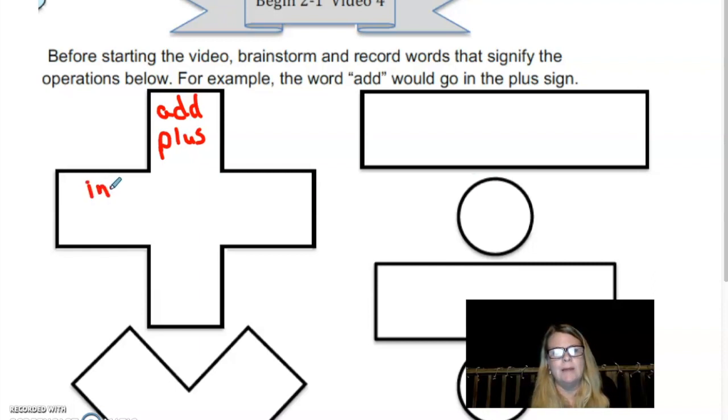Okay, increased by. That would be one. Okay, what if we said it was greater than, like it was 3 units greater than, so greater than. That's going to be kind of a confusing one right there. We're going to talk about that one. So I'm going to put a little star by that one.